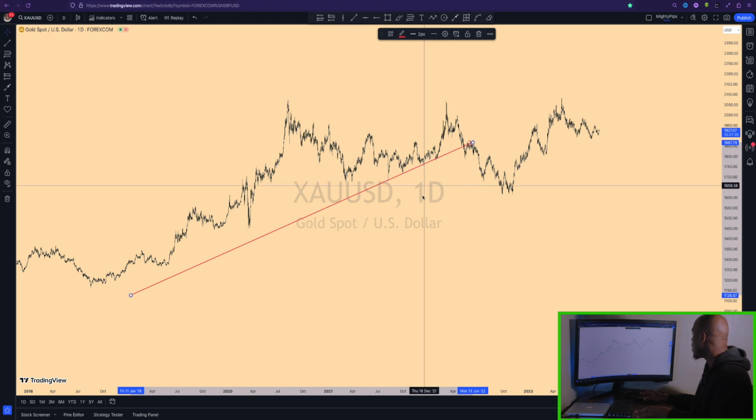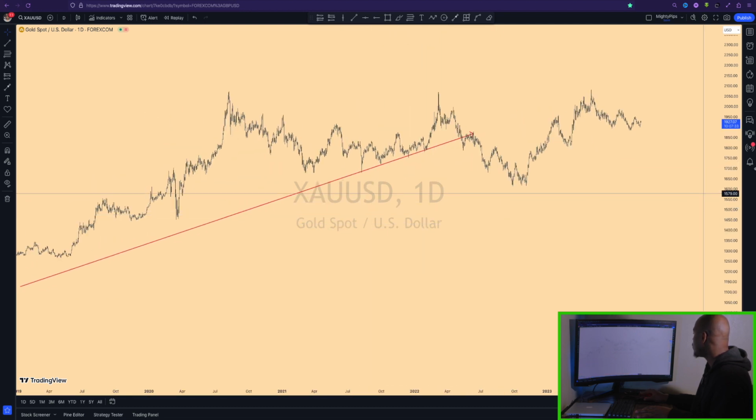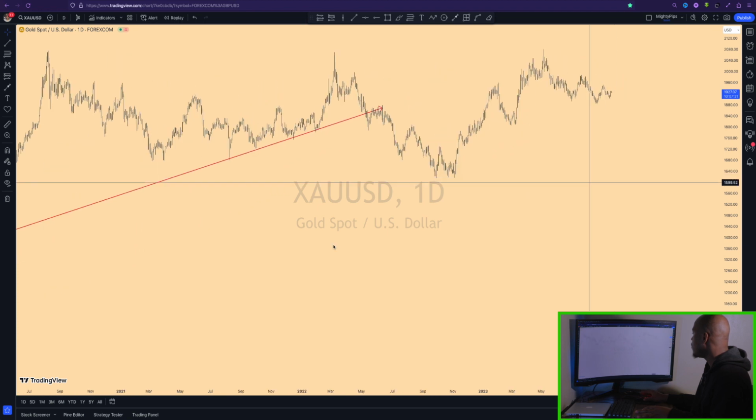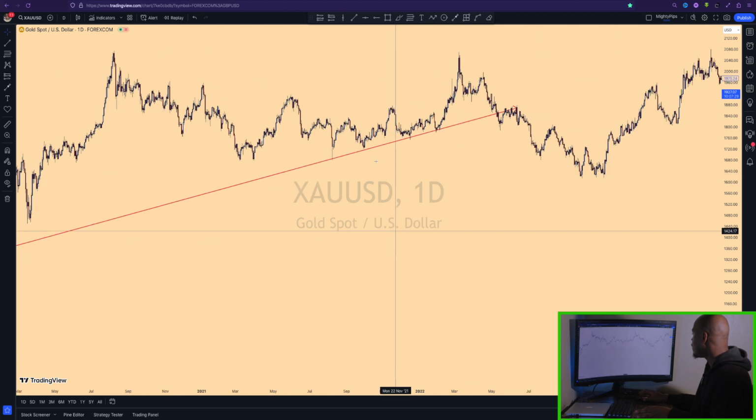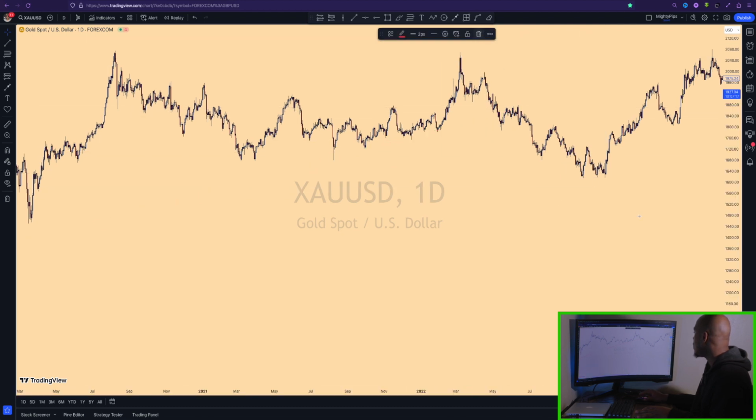Around here, market structure was broken to the downside. I'm just giving you a rough image, up to around this area where market structure was broken to the downside briefly, and then the market started to continue on the uptrend.